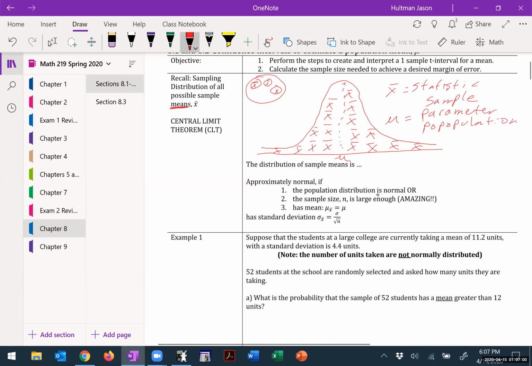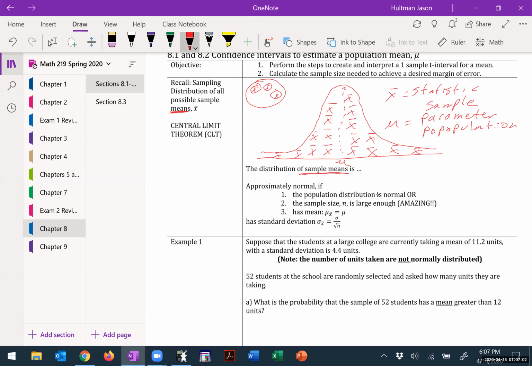The distribution of sample means is, what do you think? It is approximately normal, right? It's approximately normal under a couple of conditions.